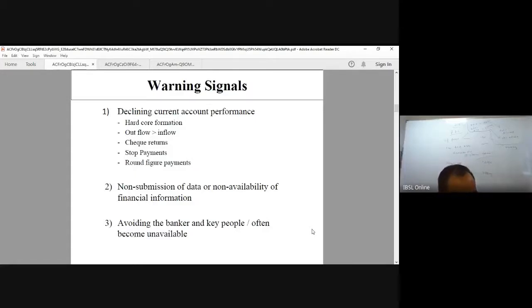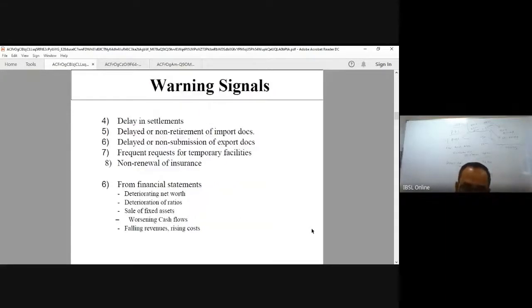Always, eternally, they are busy or overseas, so they do not come to the office, something like that. Those are warning signals. So you will find delay in settlements, right? Every time you need to follow up and run behind, and they keep on delaying, right?